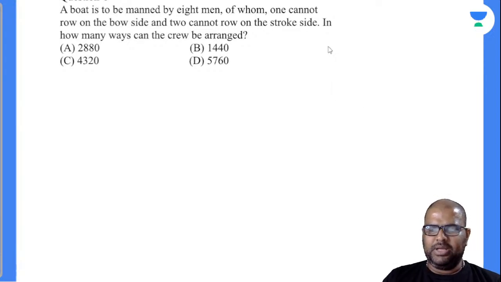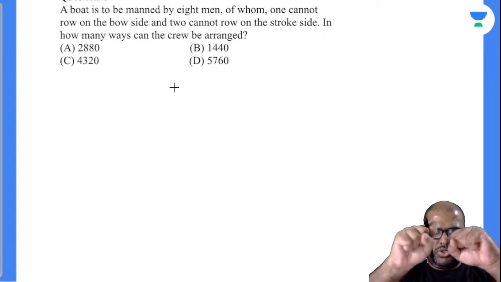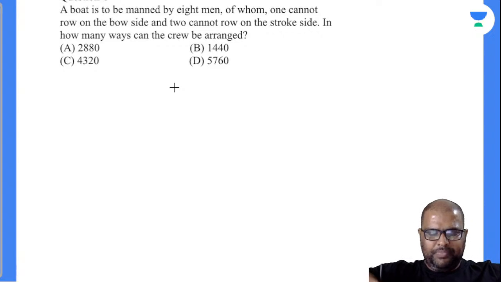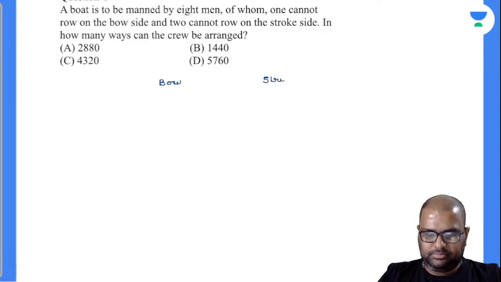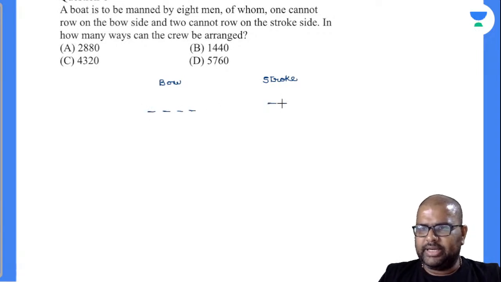Let's see. A boat is to be manned by 8 men, of whom one cannot row. So half of the persons will row on the bow side and half on the stroke side. Eight men are there, so automatically 4 should be on bow and 4 on stroke side.